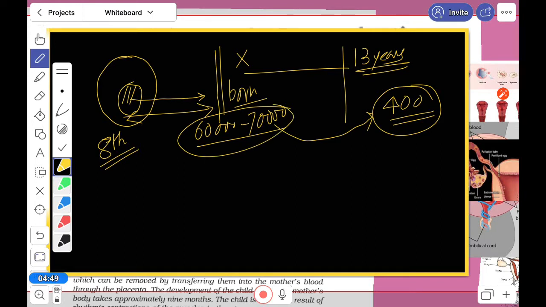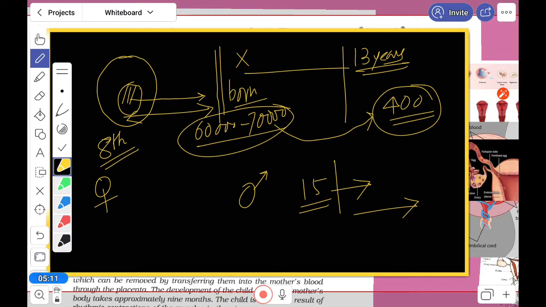In the case of male, none of these things happen. At the age of 15, spermatogenesis will start and sperm production will start. But in the case of female, it starts when they are not yet born, while they are inside the mother's body.